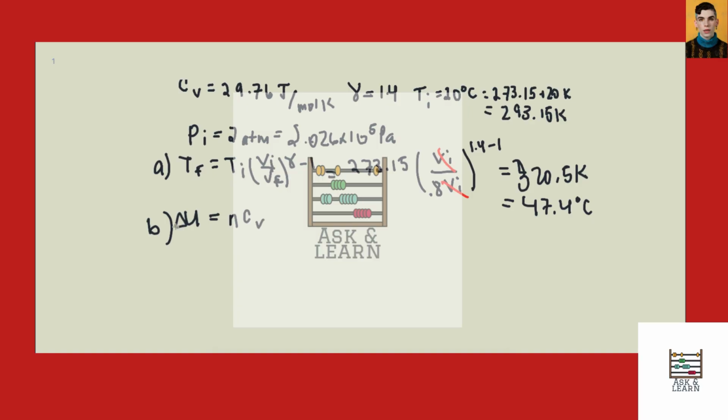So this is going to be a delta U, and then that's going to be a delta temperature. Looking at this equation, it's clear that we have C V and we have delta T from part A, but we don't have n, so we need to find n first.